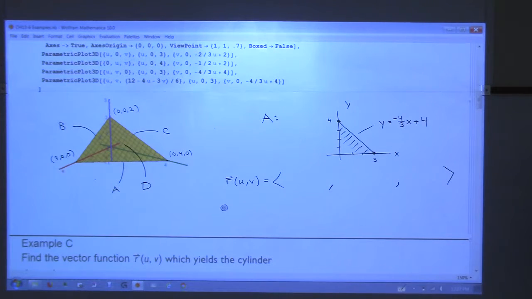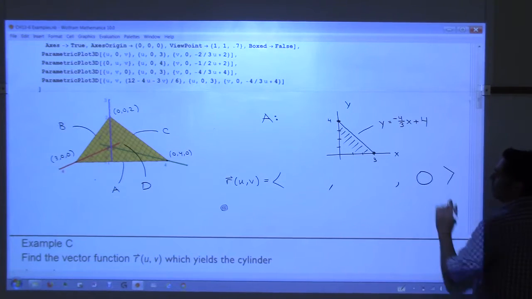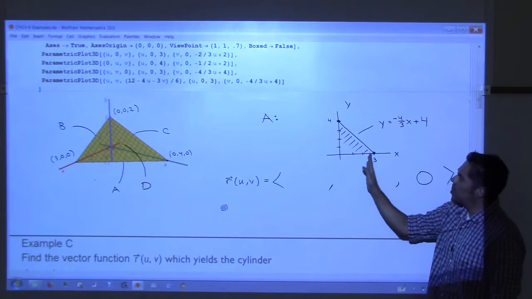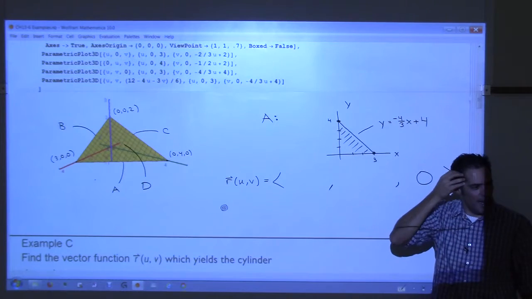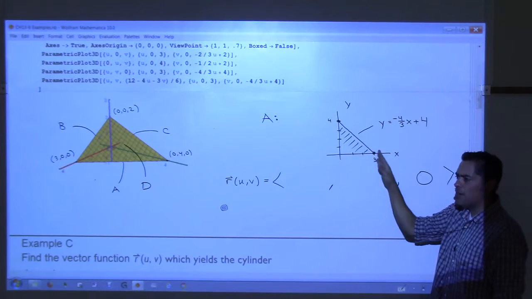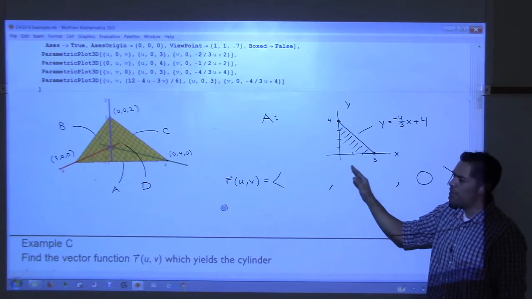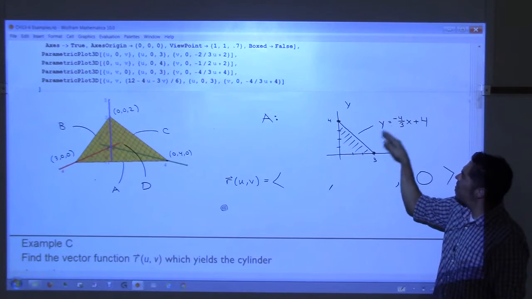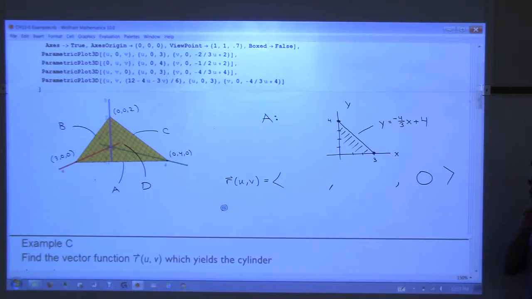Z. Z is 0, because it's lying on the ground, so Z is always 0. So think about the x direction here. This is almost like a type 1 region, isn't it? Your x's are bounded between 0 and 3, and then your y's are between this and that function.